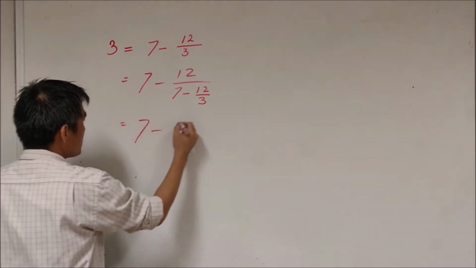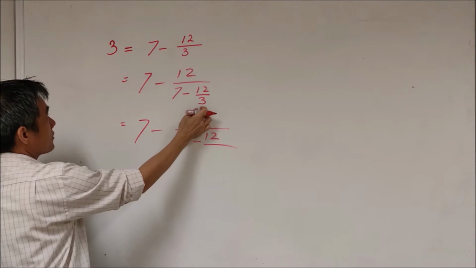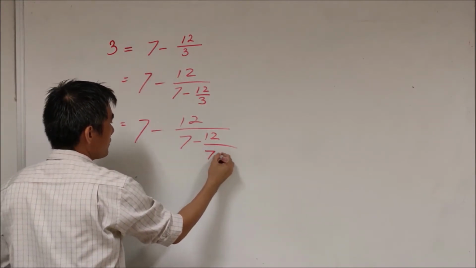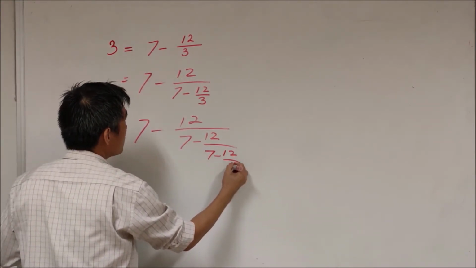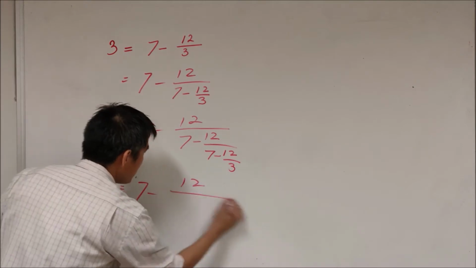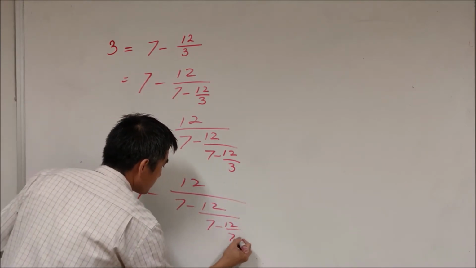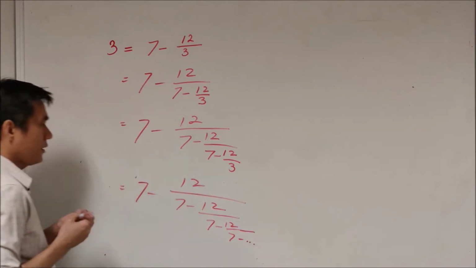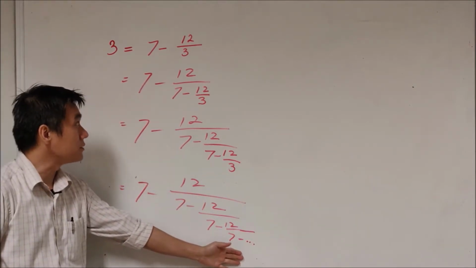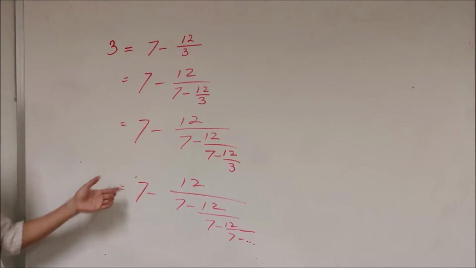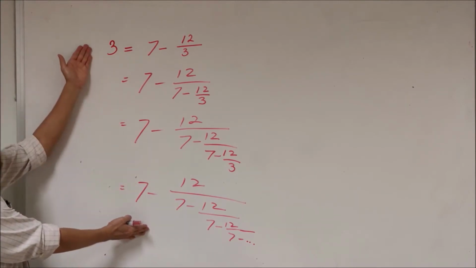So this process can be continued, because this is a 3 and 3 equals 7 minus 12 over 3. It seems reasonable to write it as many terms as possible. So based on this, some claim that this actually equals 3.